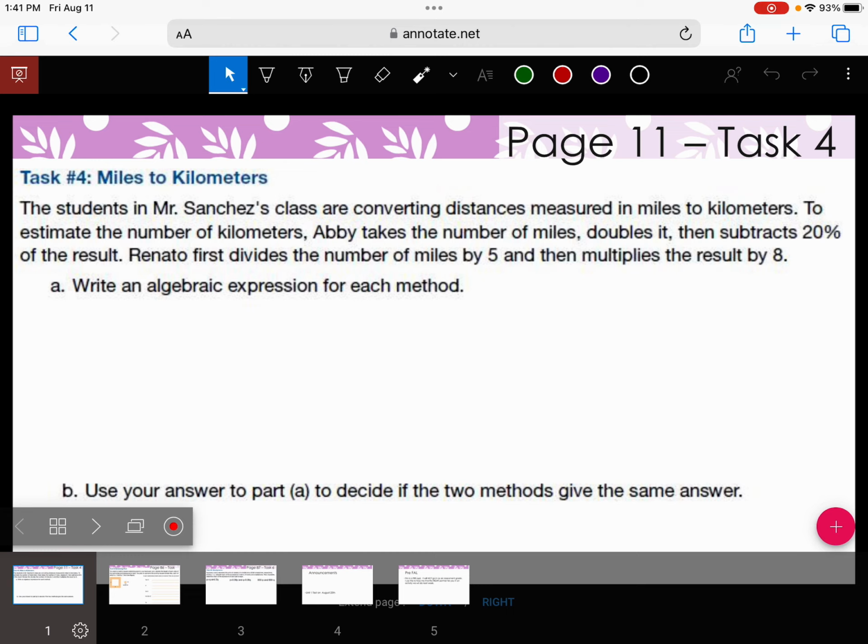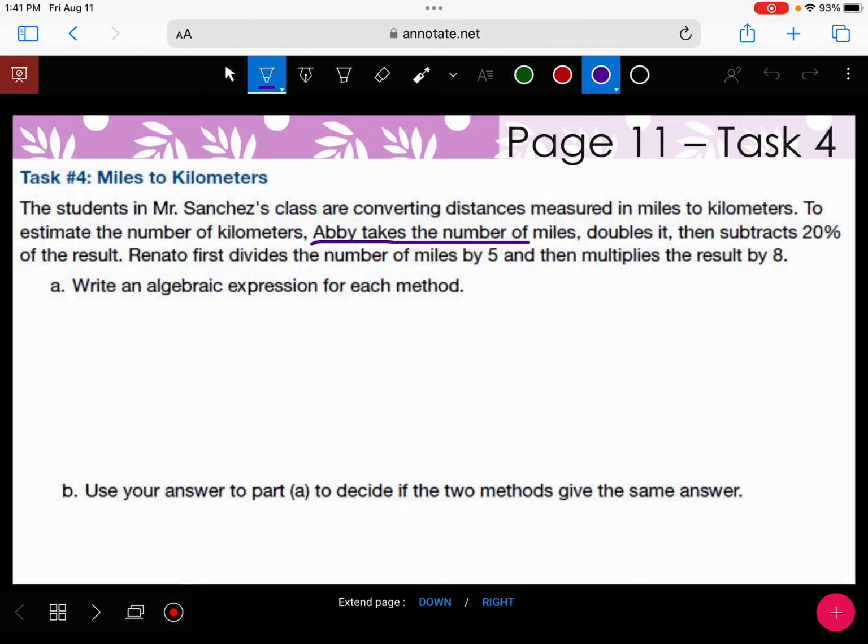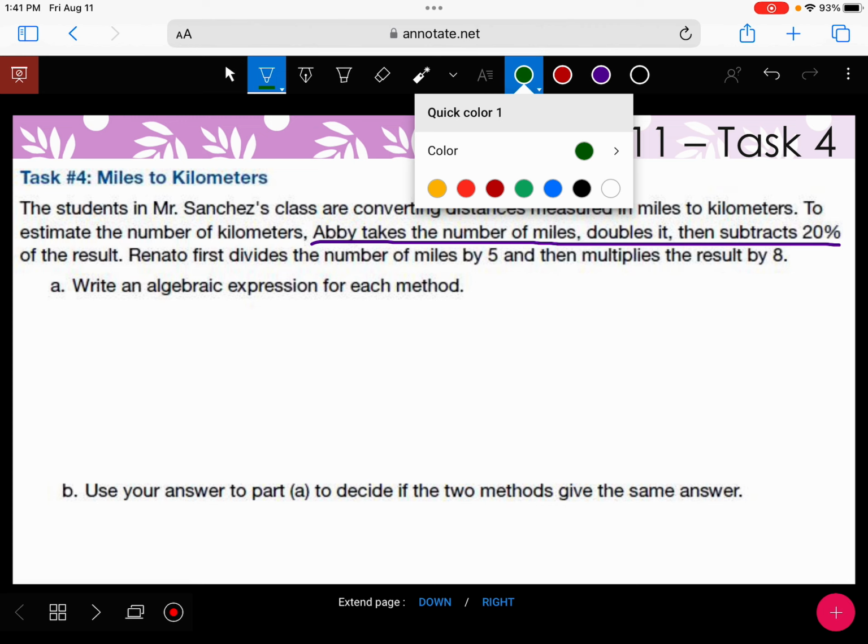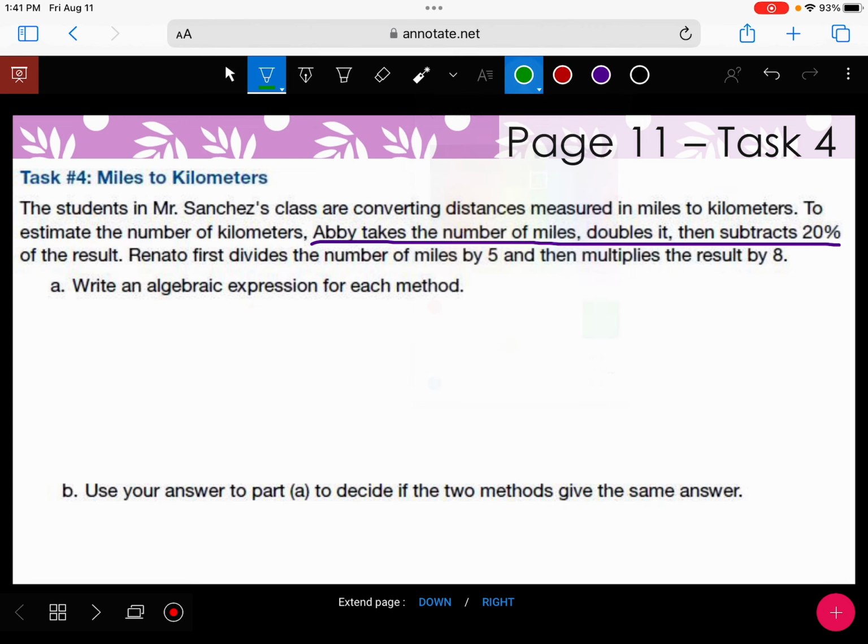So what we want to do first is write expressions for each of what they did. So we're going to take what Abby does, and we're going to write that. And we're going to take what Renato does, and we're going to write that.